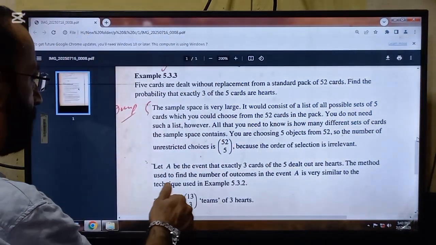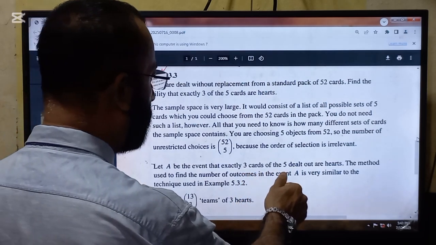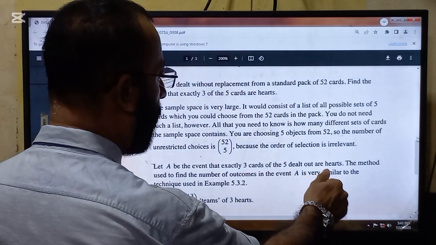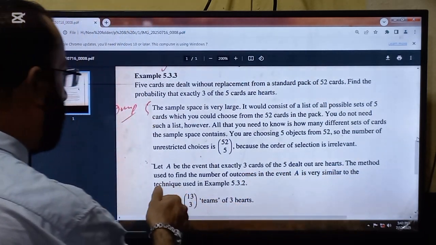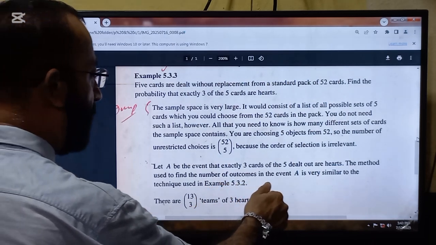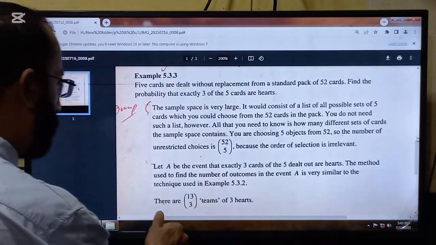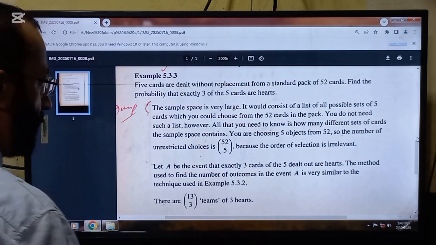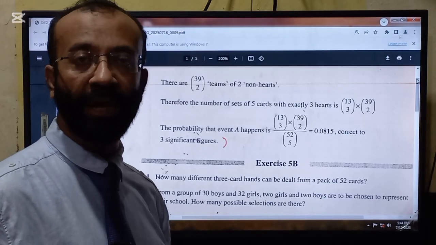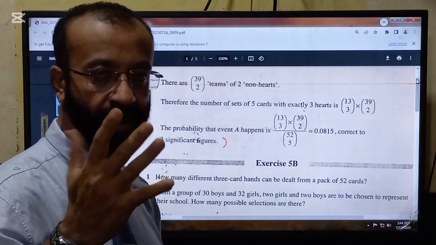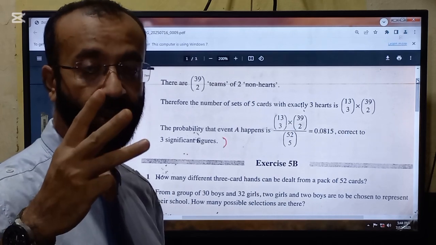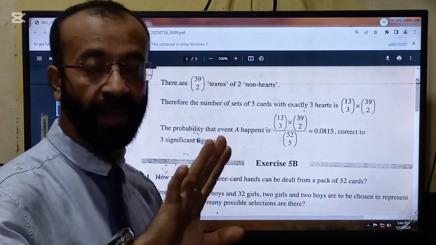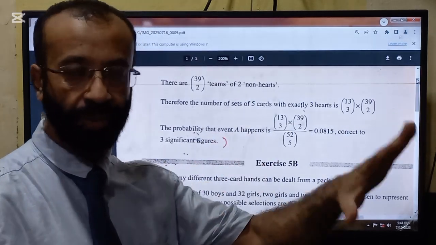So look now, let A be the event that exactly 3 cards of the 5 dealt out are hearts. The method used to find the number of outcomes in the event is very similar. There are 13C3 sets of 3 hearts. But in total, we are required to choose 5 playing cards, out of which exactly 3 should be hearts. So that is actually chosen.